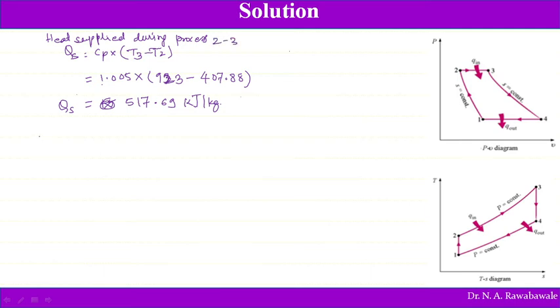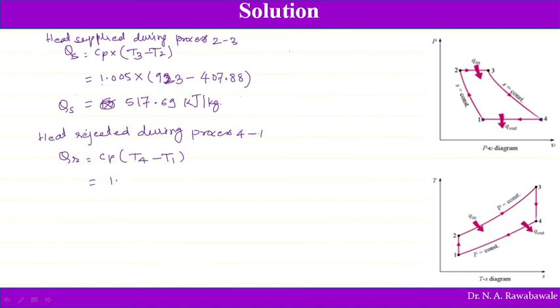Now heat rejected during process 4 to 1. We can write it as QR is equal to Cp into T4 minus T1.